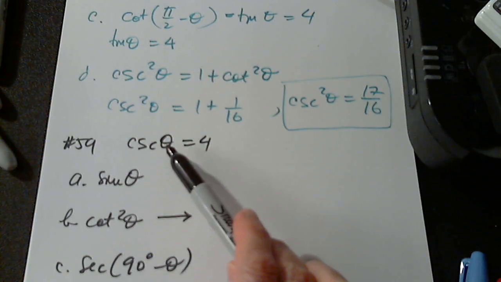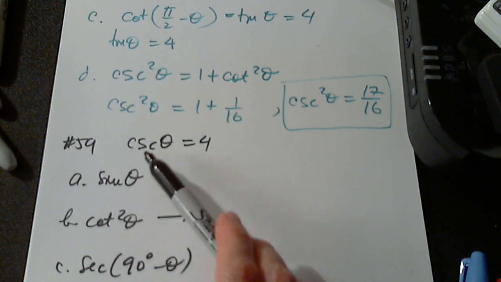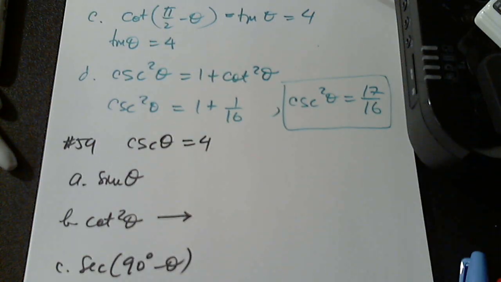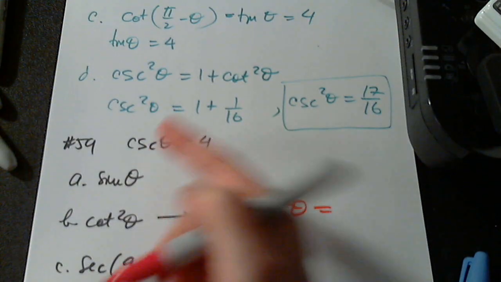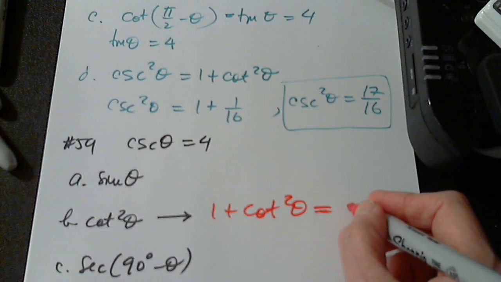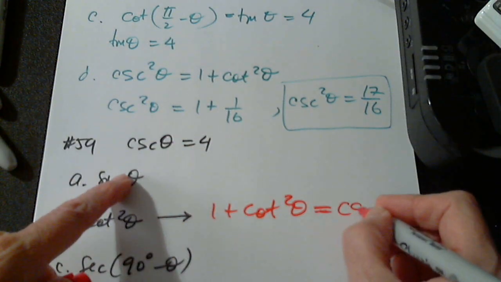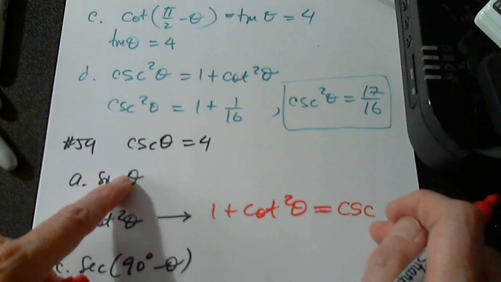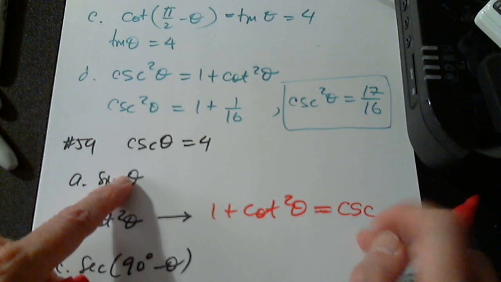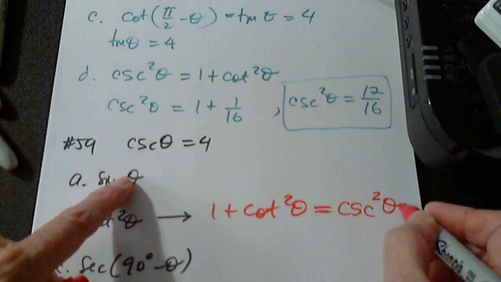Is there any relationship between cotangent squared and cosecant? If there is one, can anyone tell us what it is? 1 plus cotangent squared equals cosecant squared theta.